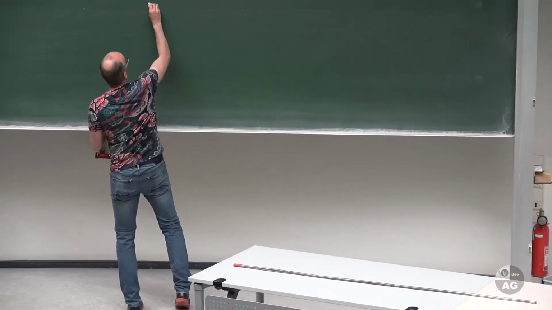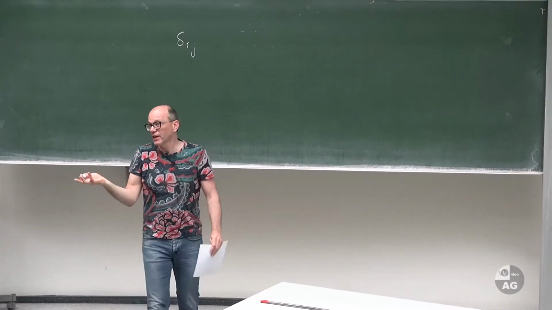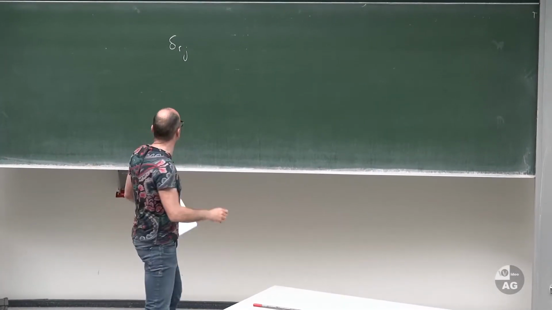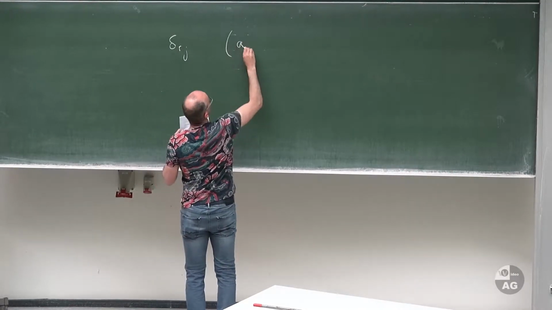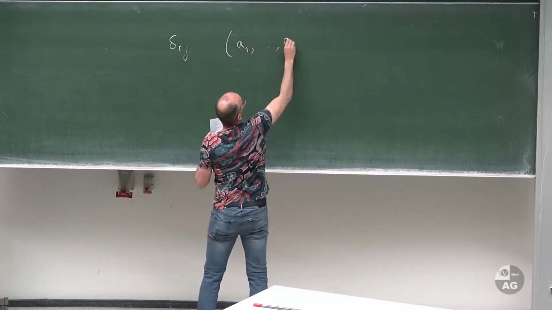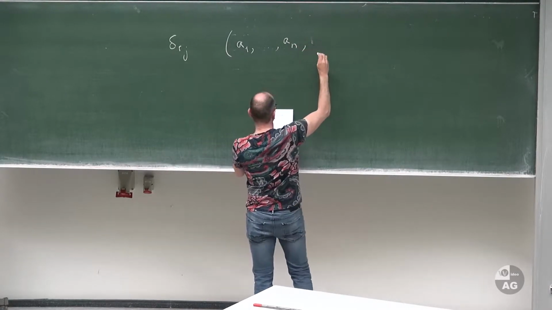So delta Rj, in my case j equals 1 because I only have one register, but in a general setting I have more, is the following. It's a function that tells you: take the current input values, take all the values of the registers.